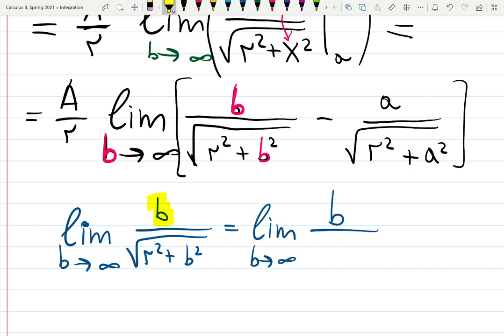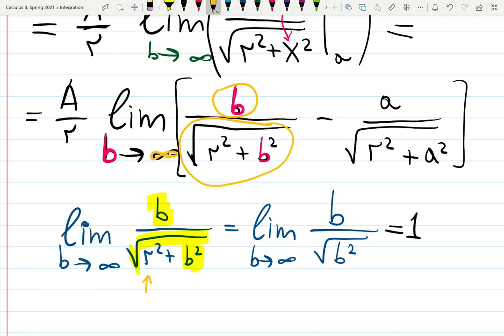Find the leader of the bottom, that's b squared, but it's inside of the square root. There's going to be a square root of b squared. You can ignore this r squared because it's just a constant and it doesn't influence what's going to happen at infinity. Well, b over the square root of b squared is just 1. So that means the speed of the numerator was the same as the speed of the denominator at infinity. This only works at infinity. Those are called limits at infinity. Since the speeds were the same, the whole thing was going to 1.